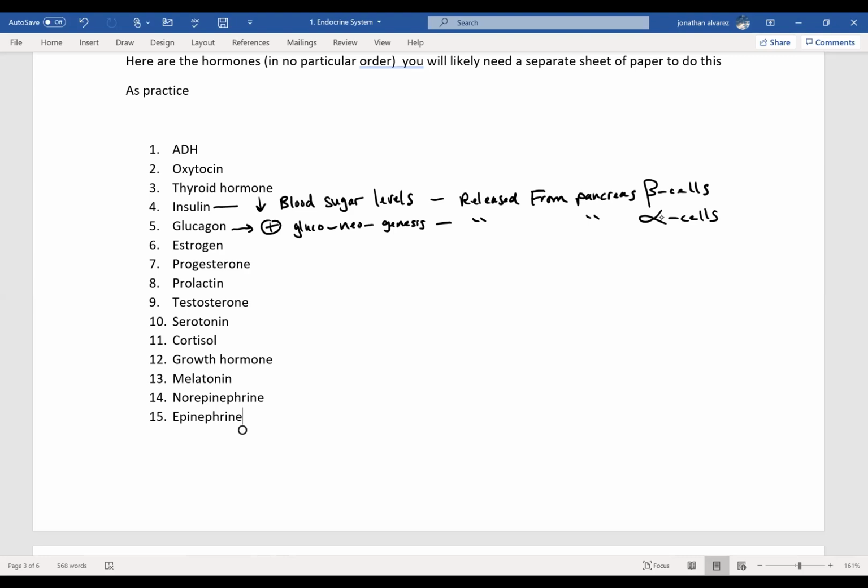So estrogen and progesterone are released by the ovaries to aid in monthly cycles in women.